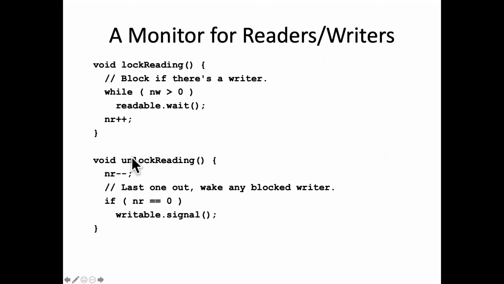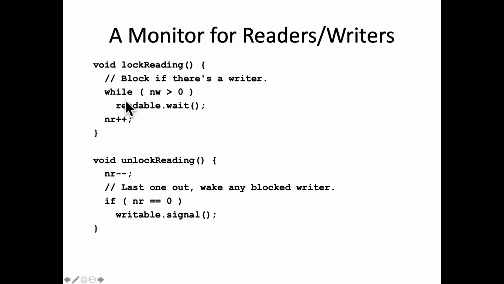Let's talk through the reading functions first. We're pretending these are functions in a monitor, and we're using pseudocode, so we don't have to put the word synchronized here like we would in Java. It's just understood that you acquire the lock when you call this function. If you call lock for reading, you want to get a reading lock on the object. The only thing you have to worry about is that there better not be any writers who already have a lock.